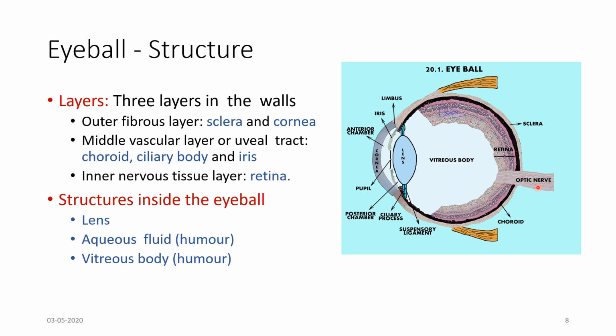And from the posterior pole you can see the optic nerve coming out. There are certain structures inside the eyeball. They are the lens, the aqueous humor, and the vitreous humor or vitreous body.